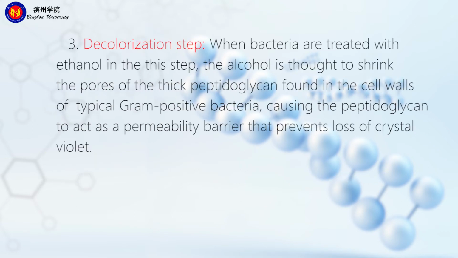The third step is the decolorization step. When bacteria are treated with ethanol in this step, the alcohol is thought to shrink the pores of the thick peptidoglycan found in the cell walls of typical Gram-positive bacteria, causing the peptidoglycan to act as a permeability barrier that prevents loss of crystal violet.